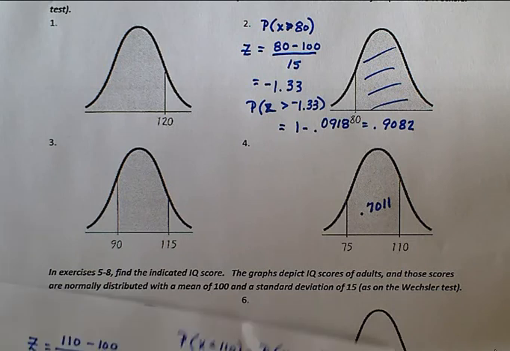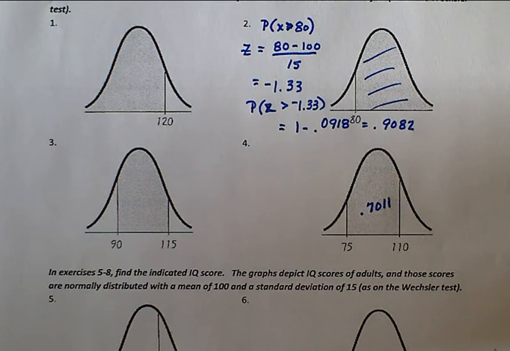Okay, now on 5, 6, 7, and 8, again, they give you a probability this time, an area under the curve. Okay, we need to change that back to an actual x value, not a z-score, an actual x value. So this is where that other formula will also come to play.